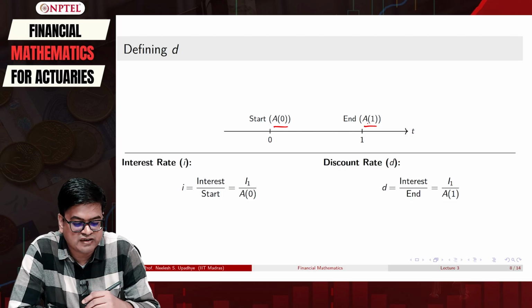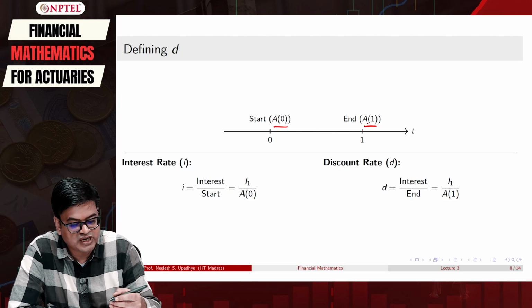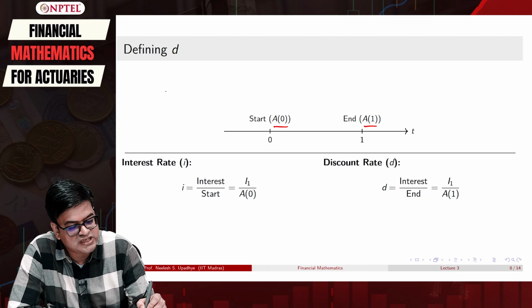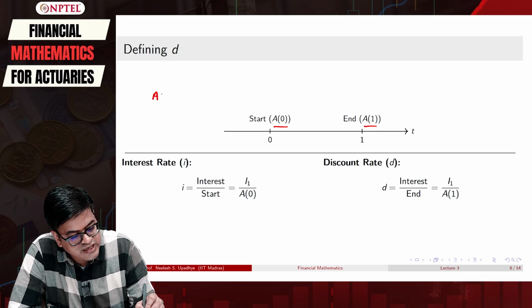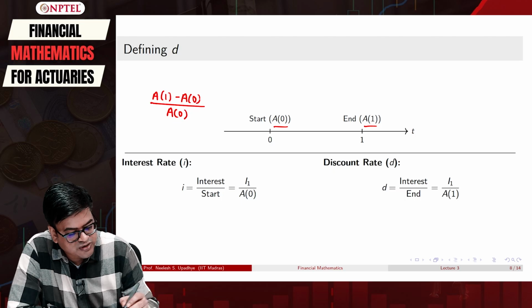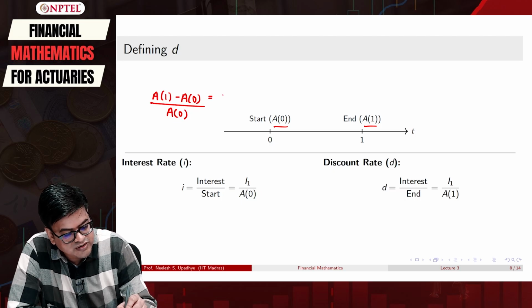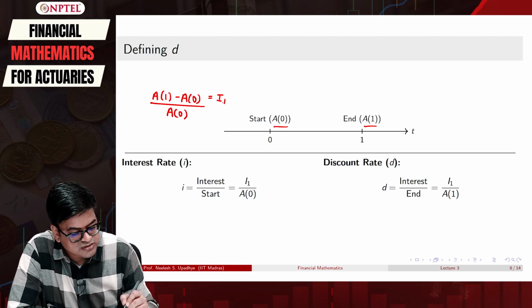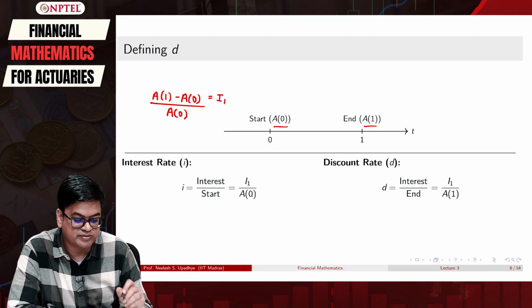When I want to calculate the interest rate for one period, we did A1 minus A0 and then divided by A0, right? This particular term we called I1, so it became i is I1 by A0.